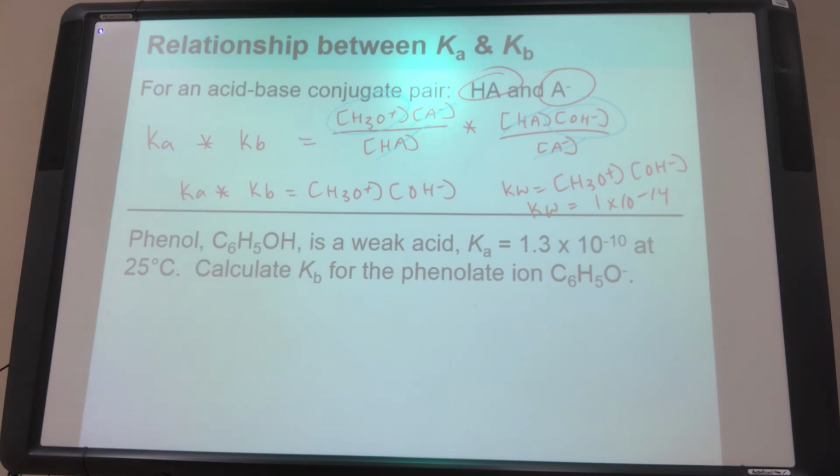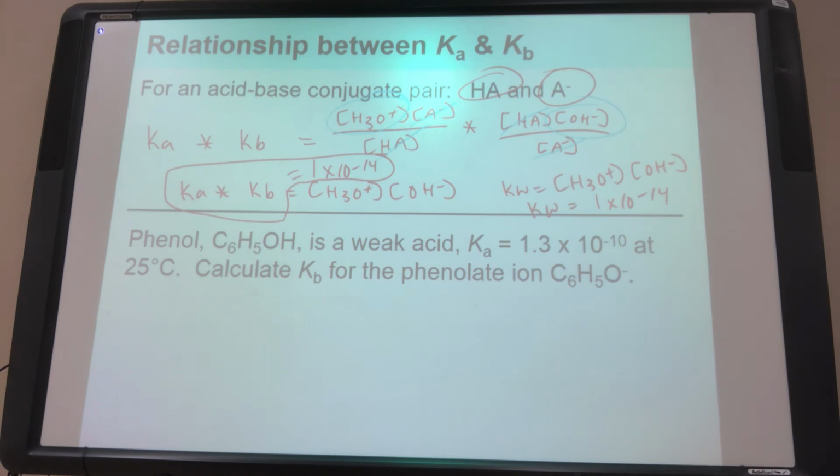So if I have the Ka and I'm trying to find the Kb, it's also equal to 1 times 10 to the negative 14. That's the equation you want to know: Ka times Kb is equal to 1 times 10 to the negative 14. That's how they relate. So if you have one, you can find the other.